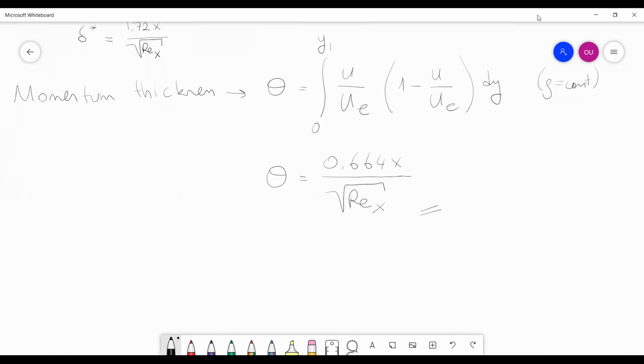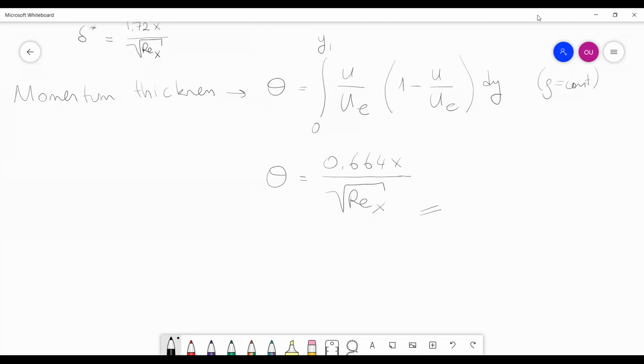All three of these grow as we move away from the leading edge of the flat plate in the streamwise direction. They all grow proportional to the square root of the x location, which is the distance from the leading edge, but at different rates. As you can see, their constants are different. So at any location x, the delta, delta star, and theta values will be different.